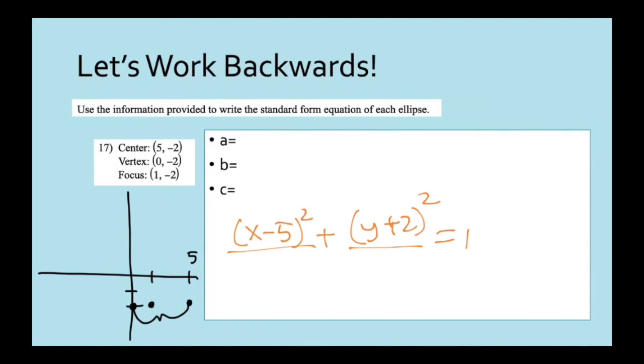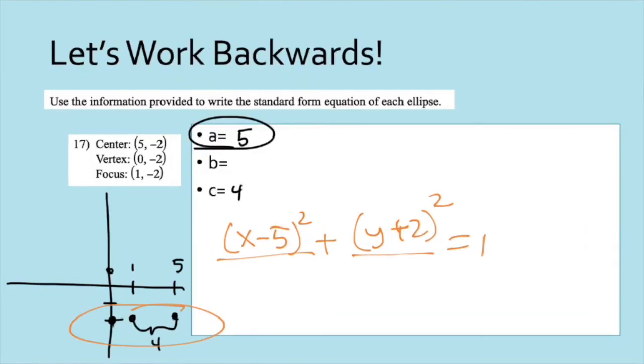From 5 over to 0 here, that is a distance of 5. My a value is 5. My c value is the distance from the focus to center, and that distance from 1 to 5 is 4. So my c value is 4.